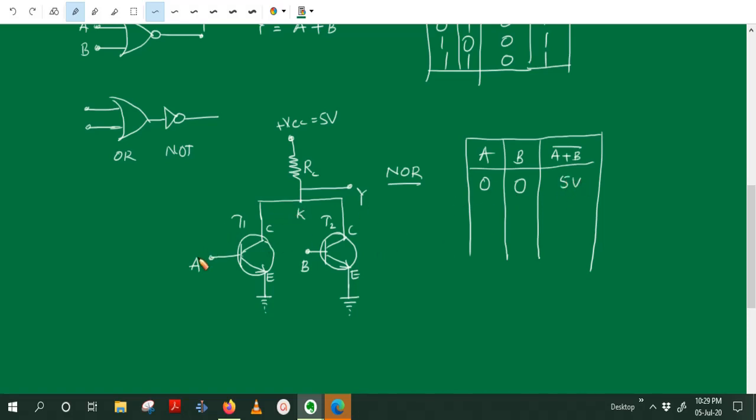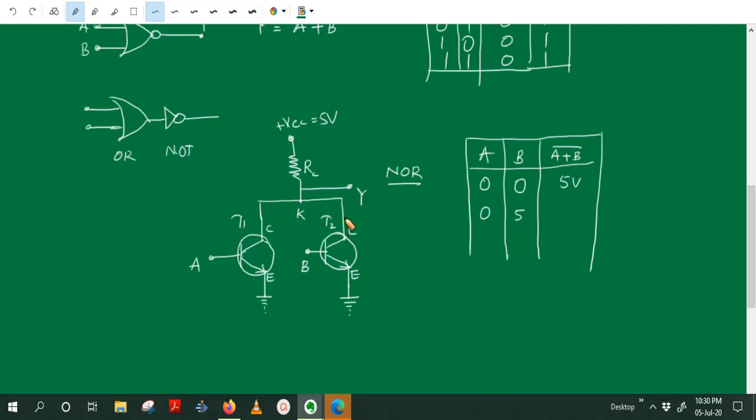Next we give A 0 volt and B 5 volt, that means 1. When B is 5, the second transistor T2 will conduct, so current flows through the second transistor from collector to emitter. So this point K is grounded, that means current flows through the resistance RC. The 5 volt is dropped across RC.